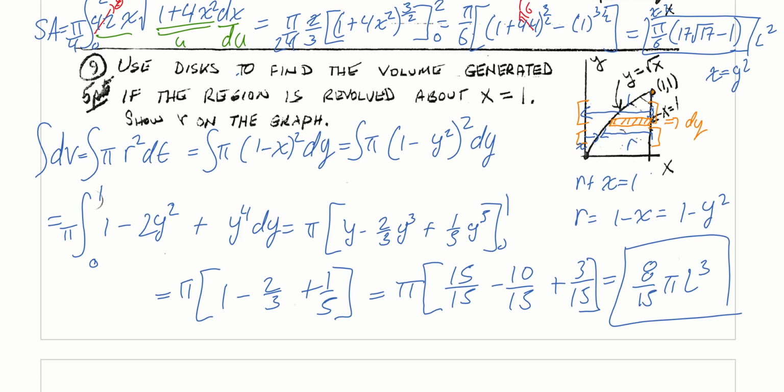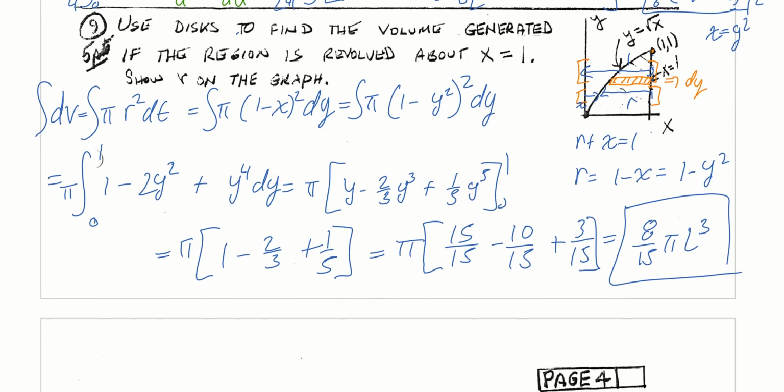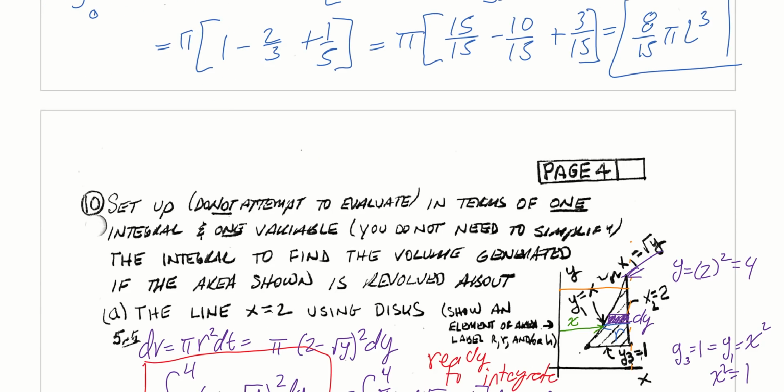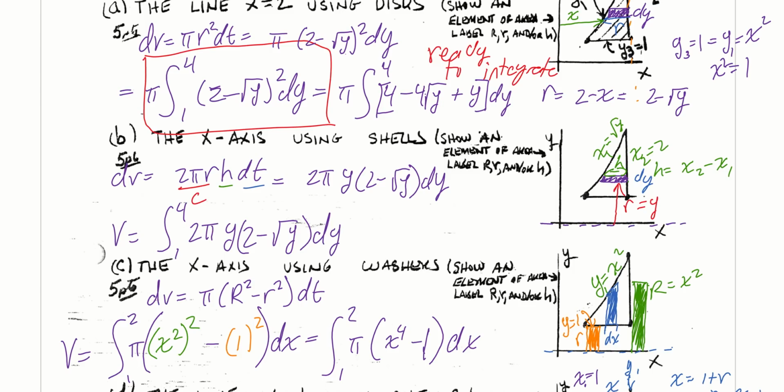So using discs or washers, your element of area is going to have to be perpendicular to your axis of rotation, and your r is always going to be perpendicular to your axis of rotation. It never won't be. With shells, your height is always going to be the height of your element of area, and the r is going to be the perpendicular distance to your axis of rotation.